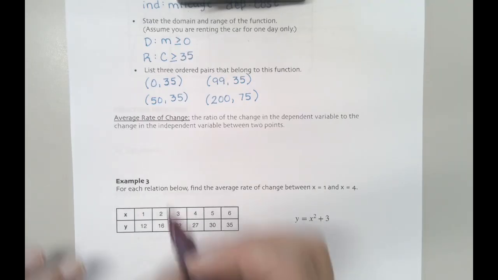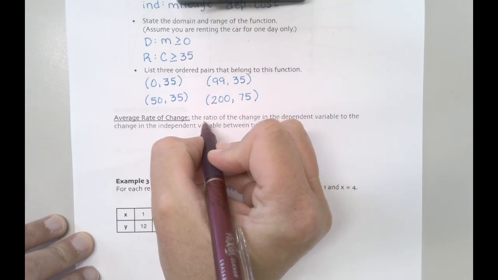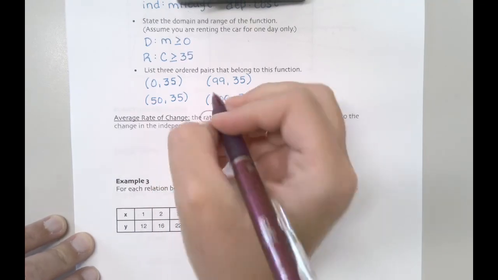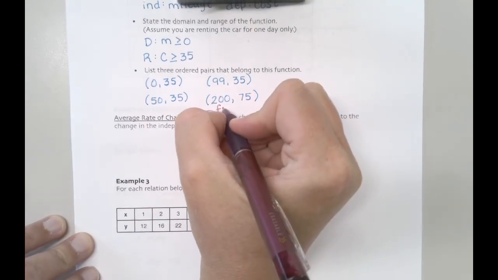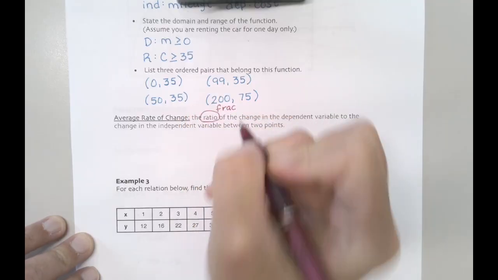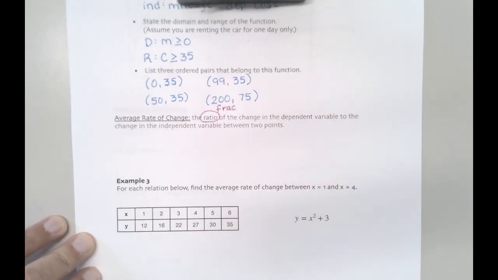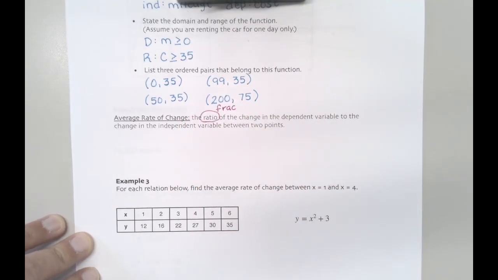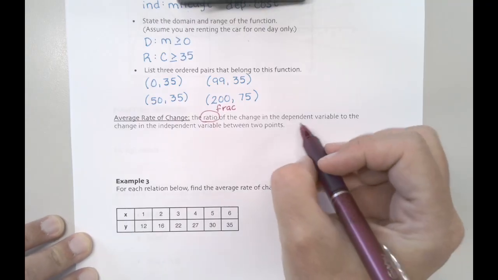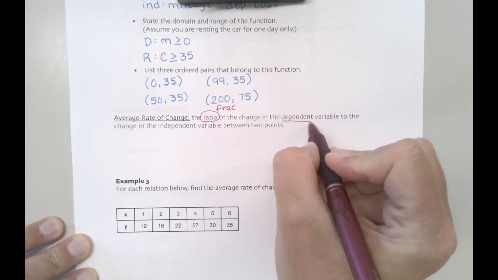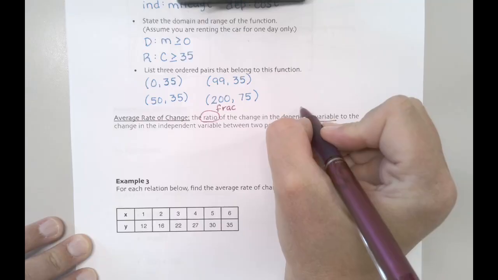Let's break it down. Ratio, we're talking about a fraction. A ratio is a comparison of two things using division, so you set it up like a fraction. The dependent variable, that's your y values.